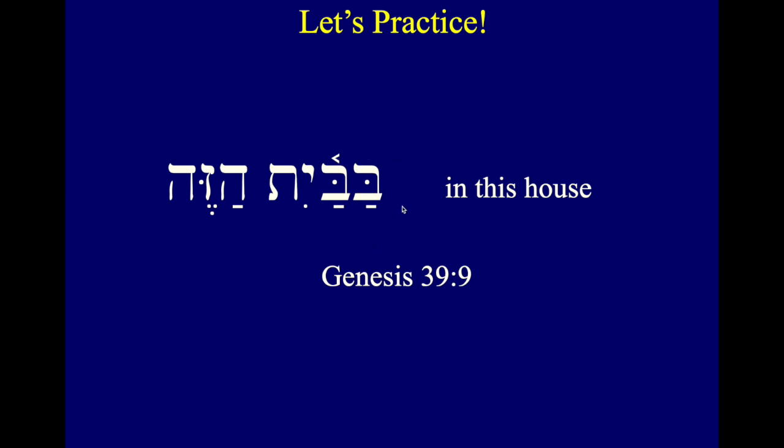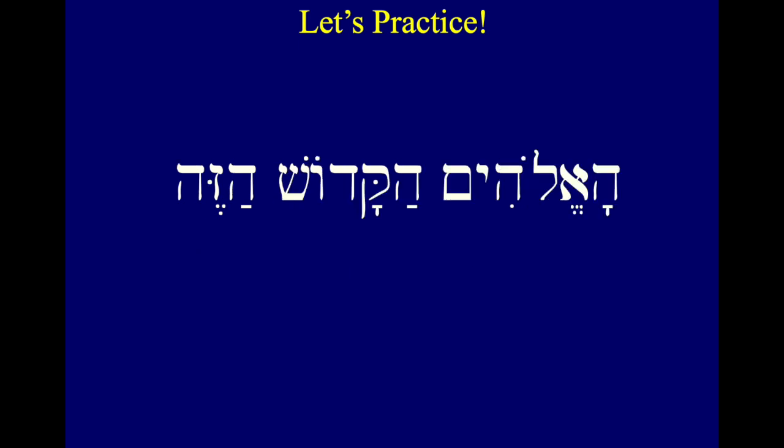So if you see these prepositions like bet or lamed that you can stick onto the front of a word and attach them like Legos, and you see an A-class vowel underneath it, you're looking at the definite article. That's all it is. The definite article is now just the patach on the dagesh. The hey got swallowed up by the bet. So babayit is in the house, hazeh, this one. So that's an attributive adjective. The demonstrative is functioning like an attributive adjective in this house.